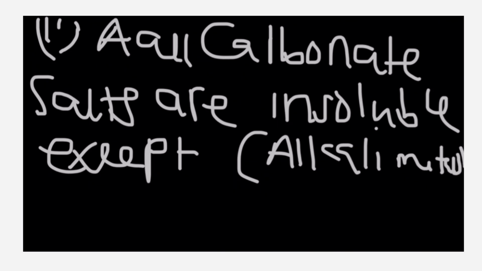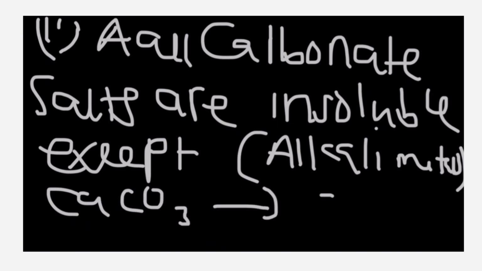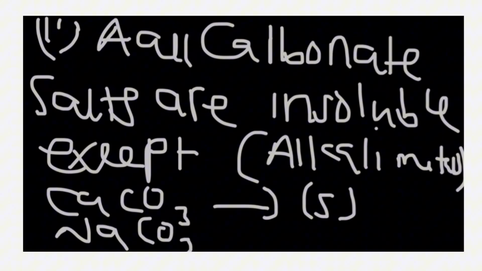For example, calcium carbonate would exist in solid state, reason being that calcium carbonate is a carbonate of a group 2 element and not of a group 1 element. But sodium carbonate, for example, would exist as what? As being in an aqua state because it is coming from a group 1 element. That is how carbonate salts are.